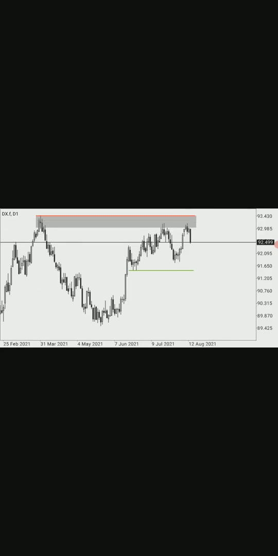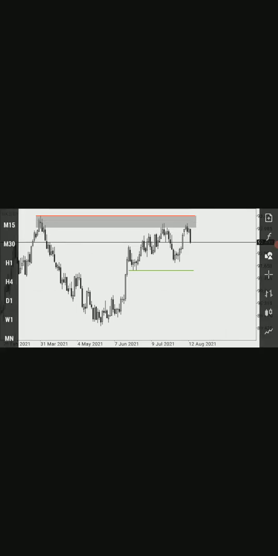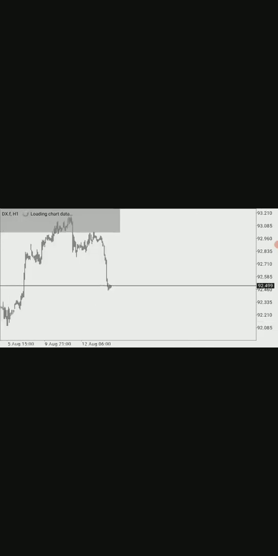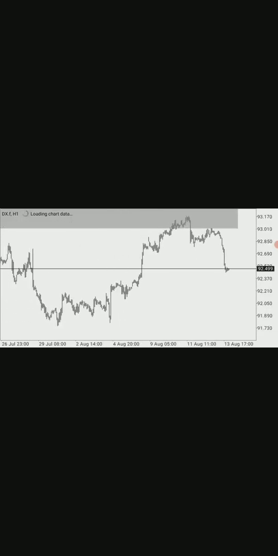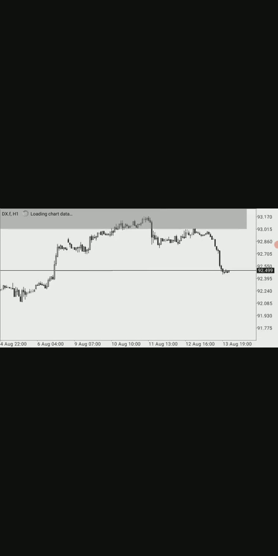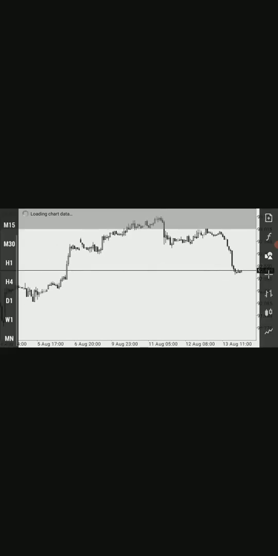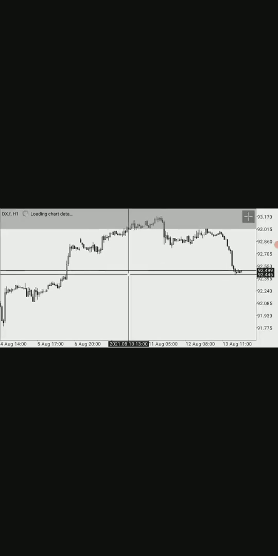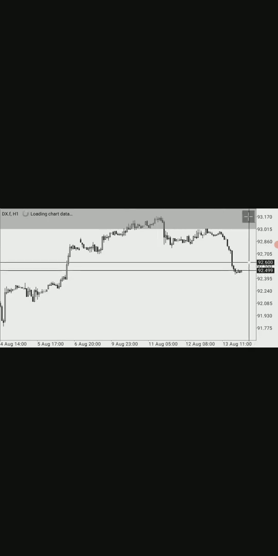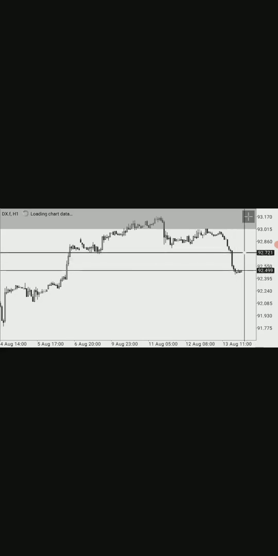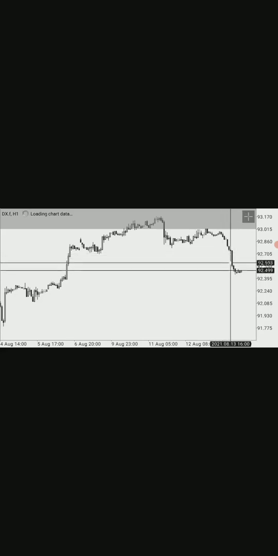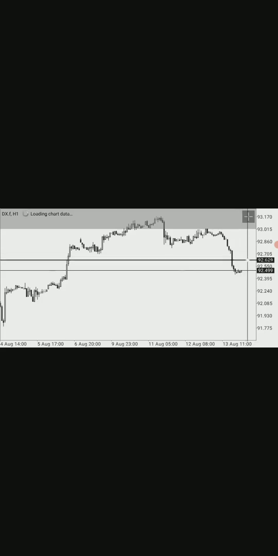Alright, so let's drop down to the 1 hour. What can we see? I'll be looking for the market to trade upward once the market opens, maybe to this particular point, fill up this imbalance, fill up this FVG, and then roll over.